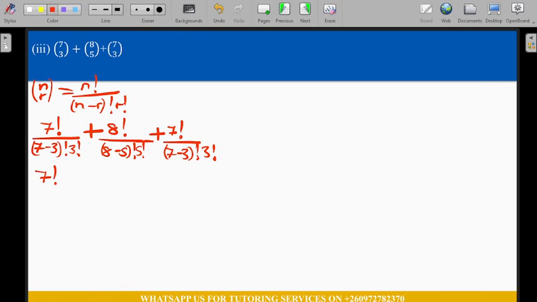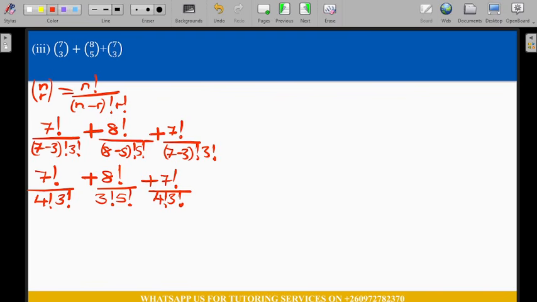So we have 7 factorial over, now 7 minus 3, that's a 4, so 4 factorial 3 factorial. Then we're going to say plus, here we have 8 factorial over 8 minus 5, it gives a 3, so 3 factorial, then 5 factorial. Then plus, here we get 7 factorial over, so now 7 minus 3, we get a 4 factorial, 3 factorial here. That's what we have.